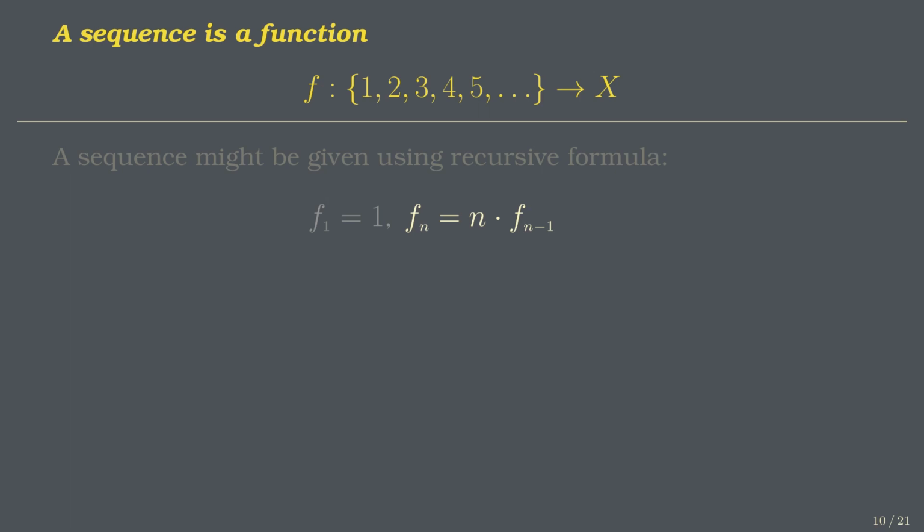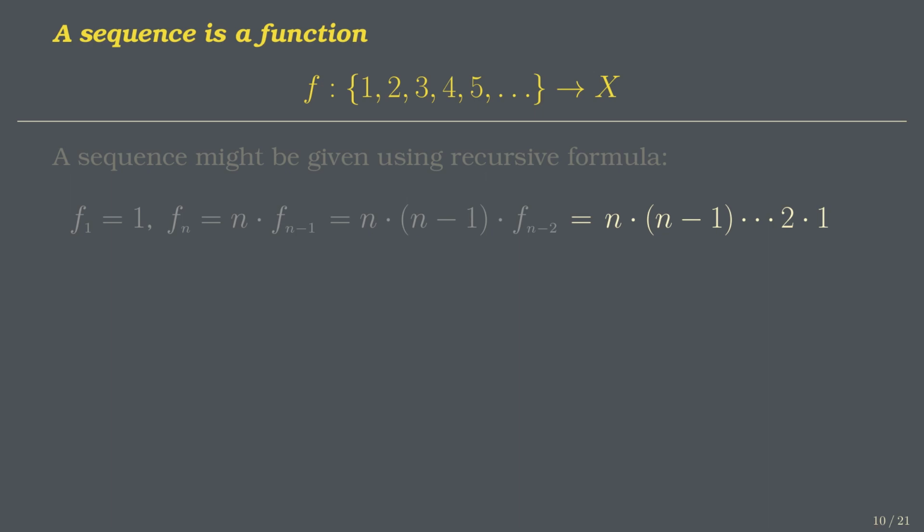For that, note that fn minus 1 is actually n minus 1 times fn minus 2. So fn should be n times n minus 1 times fn minus 2. And so you do the same thing again, and you will get the final result is n times n minus 1 times etc. times 2 times 1.